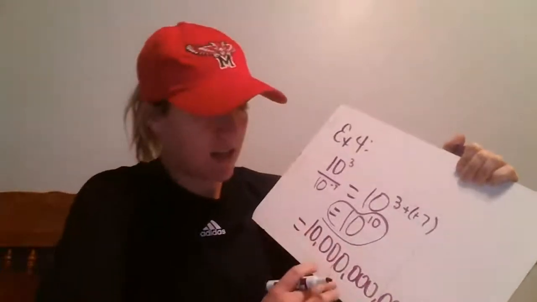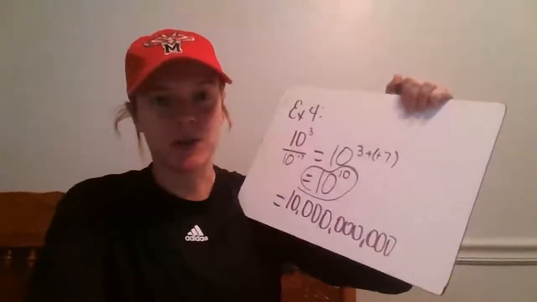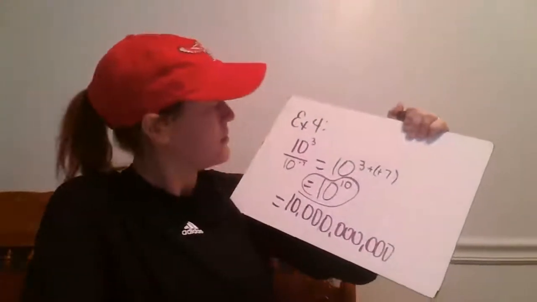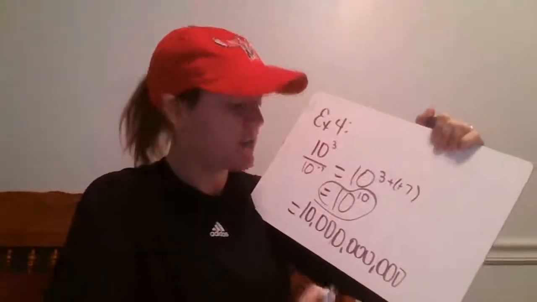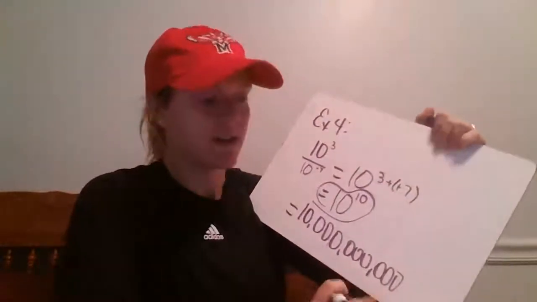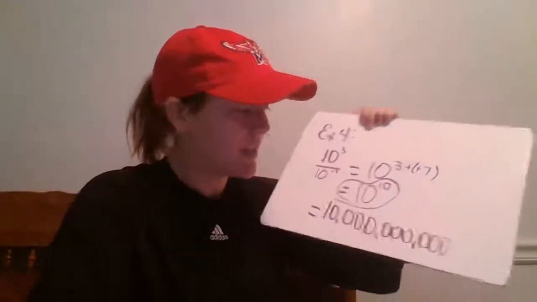It is 10 billion times more intense than our speech, right? So we can say that the sound of a rocket liftoff is 10 billion times more intense than us just speaking. That is the last example that I have.